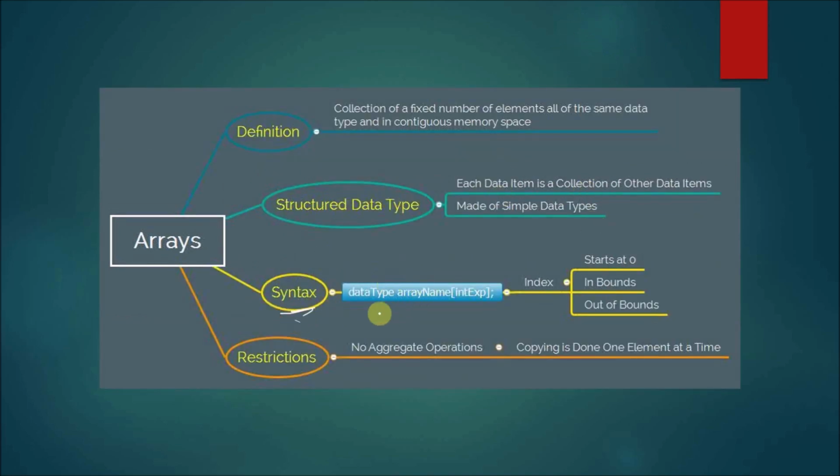The syntax to create an array is simply the data type, such as int or double, the name of your array, in the earlier example we used cool student, and of course the int expression, which is basically the size.